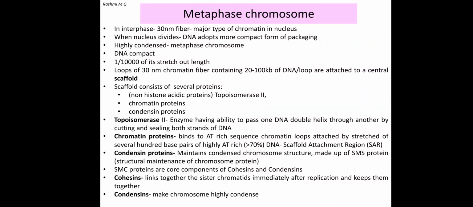The chromatin proteins bind to AT-rich sequence of chromatin loops attached by stretches of several hundred base pairs of highly AT-rich DNA, that is scaffold attachment region. Condensation protein maintains condensed state of chromosome, and it is made up of SMC protein, that is structural maintenance of chromosome protein. Then cohesin links together the sister chromatids immediately after replication and keeps them together.